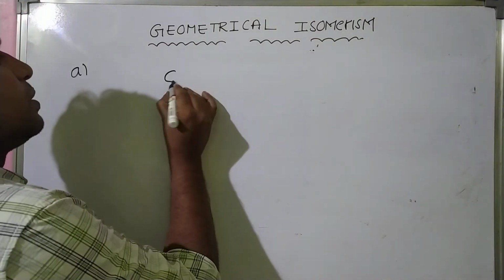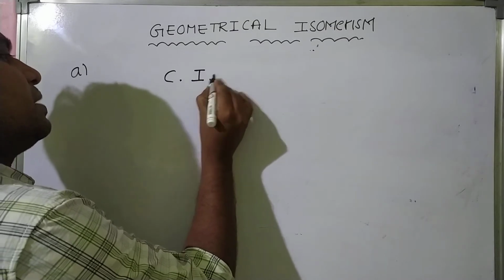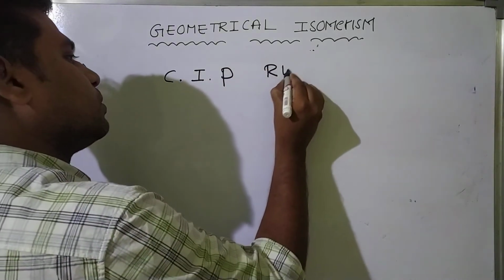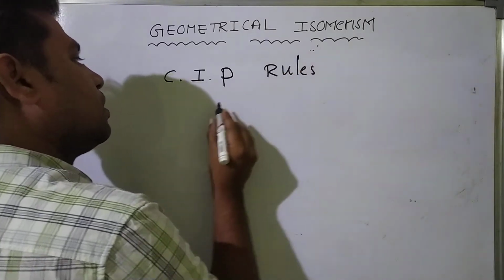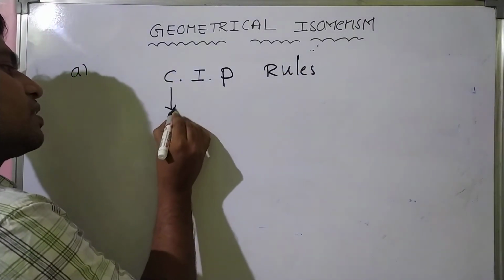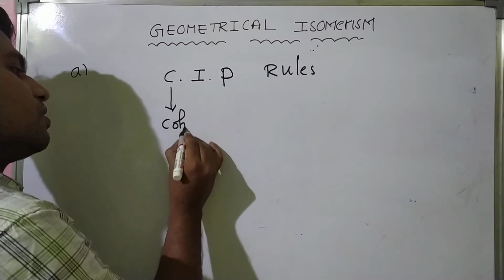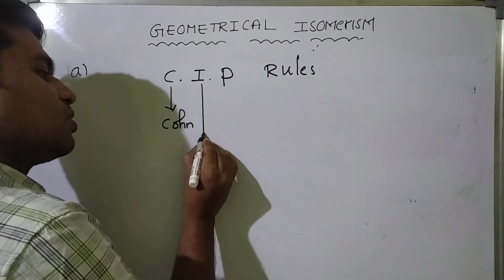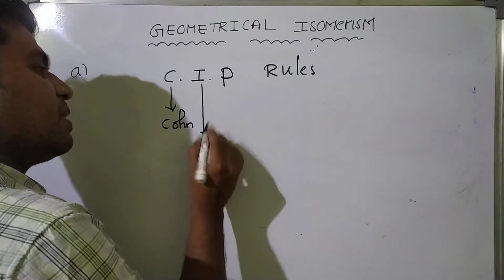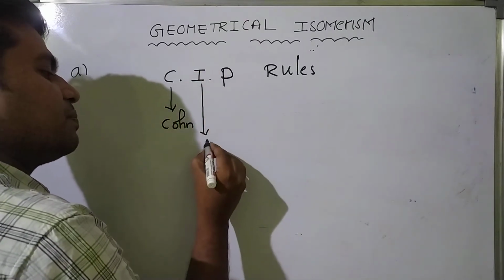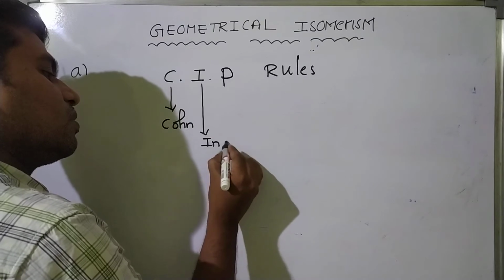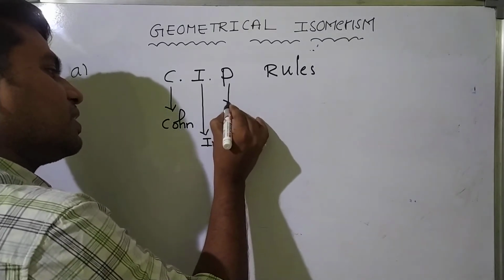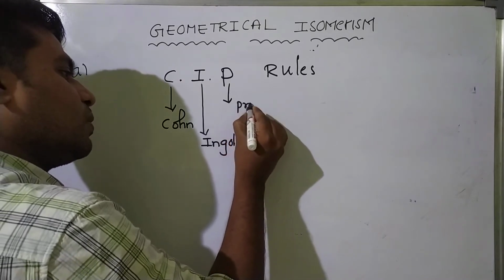C stands for Cahn, a scientist's name. I stands for the scientist Ingold. And P stands for Prelog.